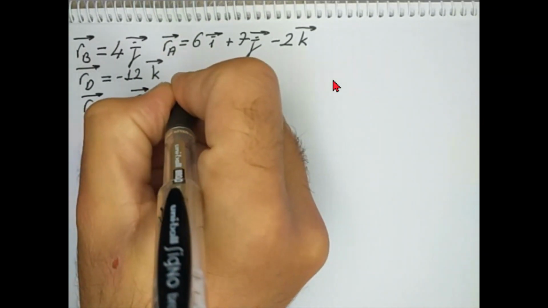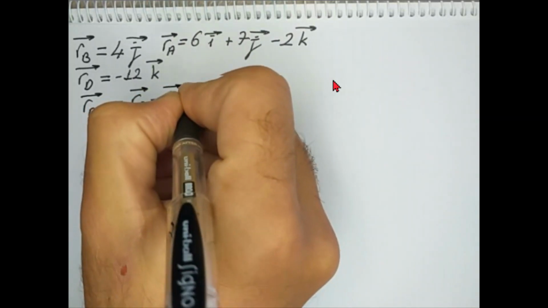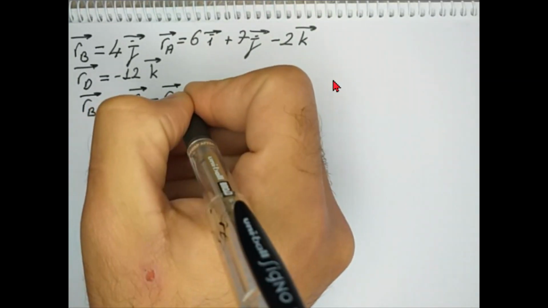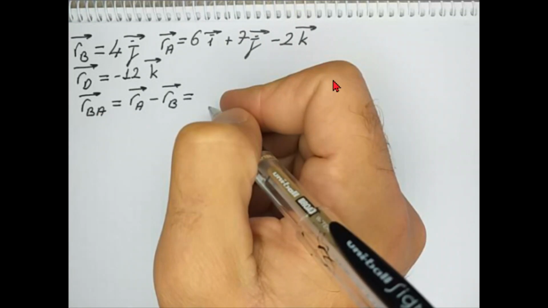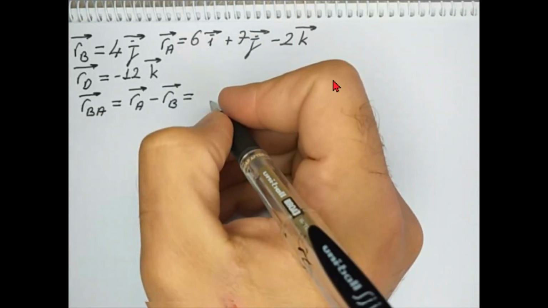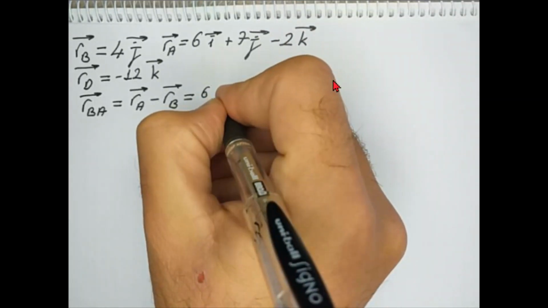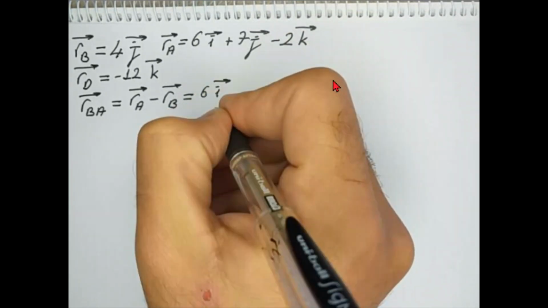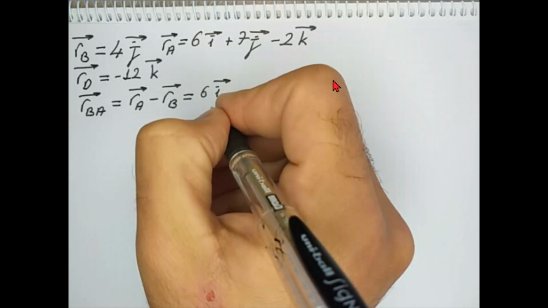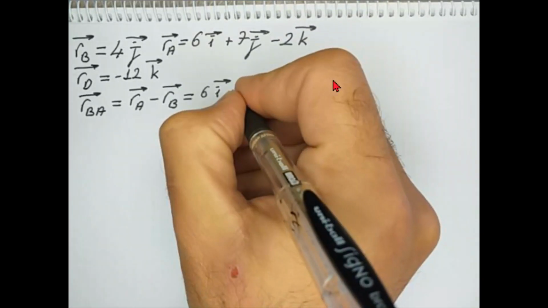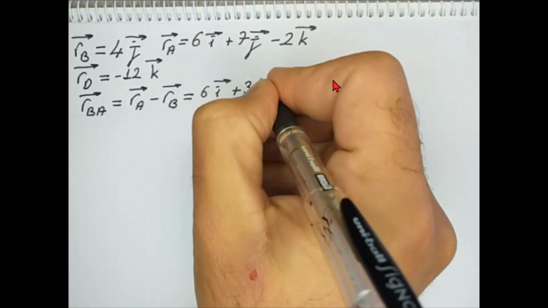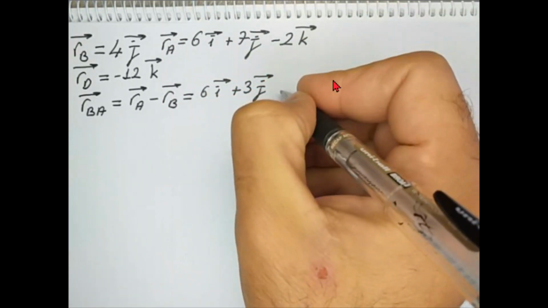If I do the operation, this is 6i vector plus 3j vector minus 2k vector.